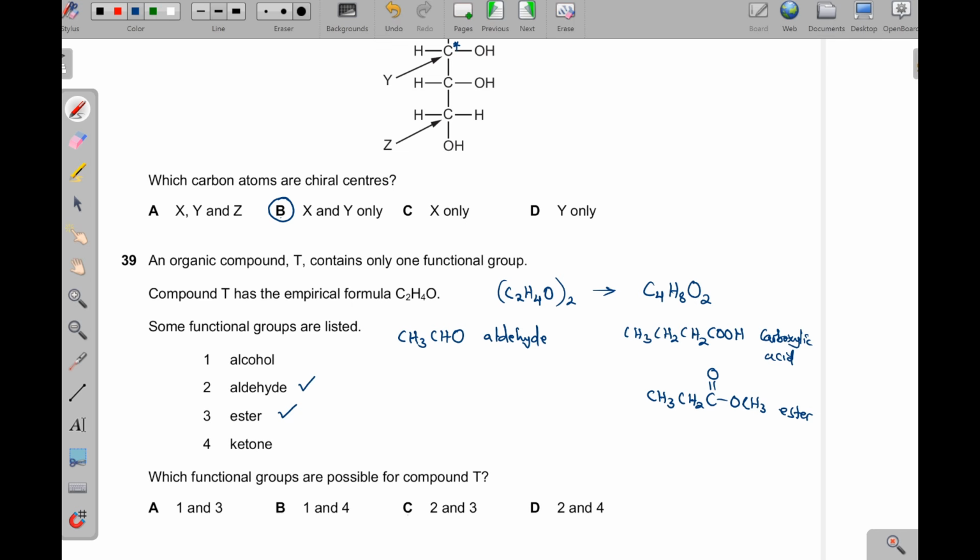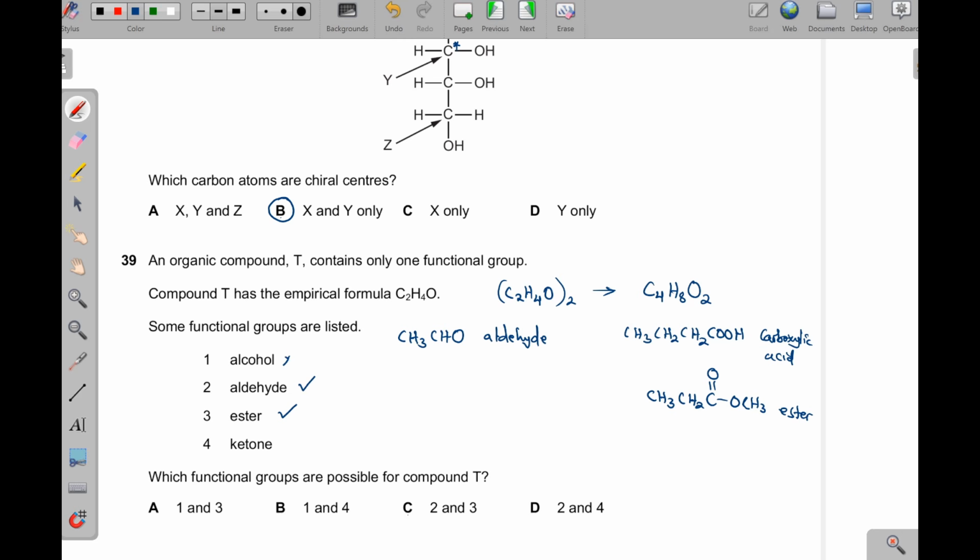So by looking at just the empirical formula, equating it to the molecular formula, we cannot get an alcohol. Because if these are 2 carbons, the alcohol coming from there is ethanol, which is CH3CH2OH, and the hydrogens are going to be 6. They are not 4. So an alcohol is actually off.